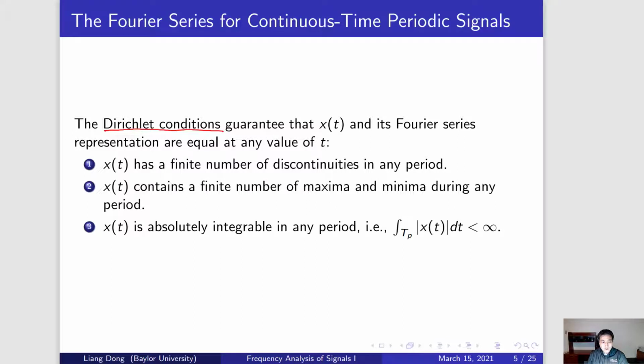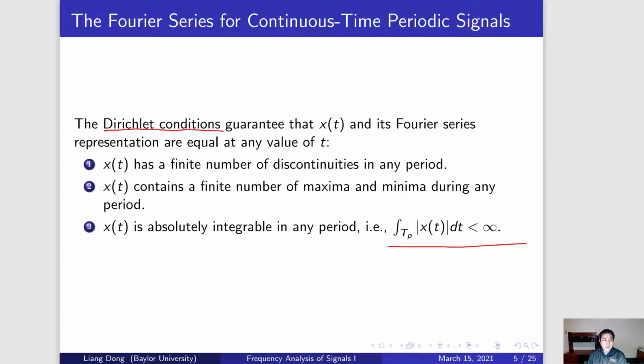The second condition is that x(t) contains a finite number of maxima and minima during any period. Again, for a practical signal, during any finite period, we should have a finite number of maxima and minima, so in practice this condition should also be satisfied. Thirdly, x(t) is absolutely integrable in any period. That is, the absolute value of x(t), integrated over one period, is finite.